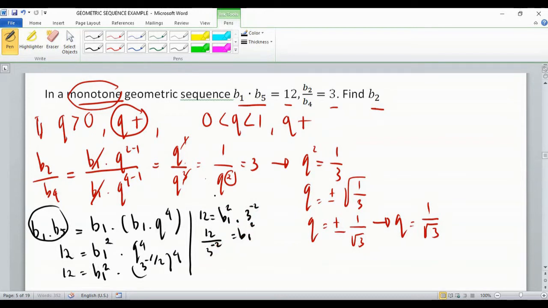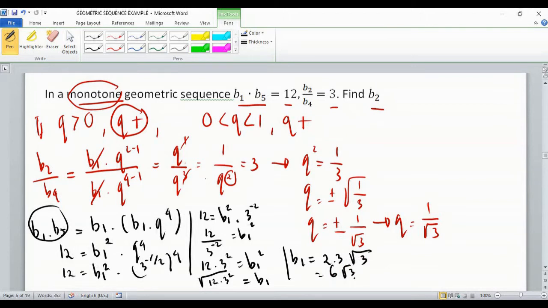So from here, 12 times 3 power 2 is B1 square. So we get B1. Yes, correct. The square root of 12 times 3 power 2 equals B1. So B1 is equal to, since 12 is 2 times the square root of 3, 6 root 3, everyone.